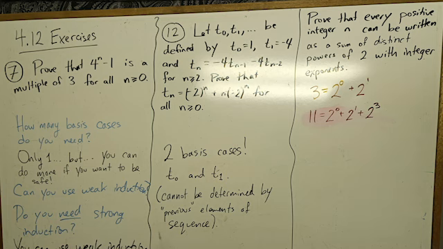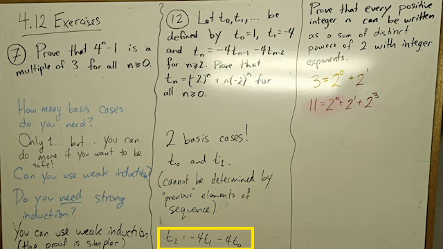However, what about T2? Well, we have this formula that T2 is equal to -4 times T1 minus 4 times T0. And that allows us to figure out something about T2 by knowing information about T1 and T0.